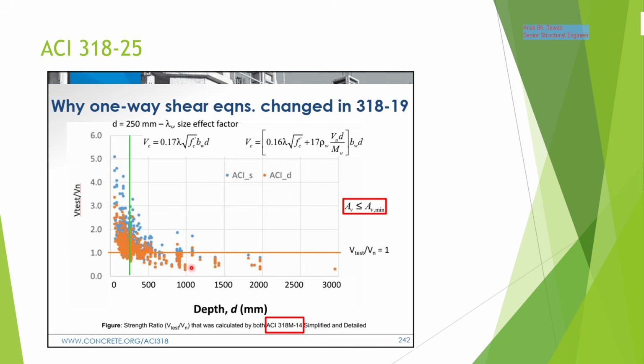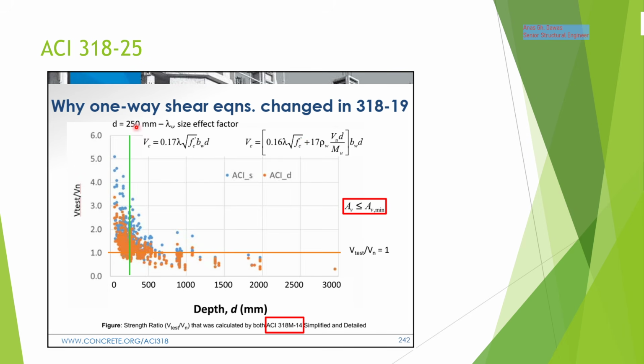As you can see, both of them failed, or I will say most of the samples calculated using this equation failed also on a shear less than the expected, or less than the calculated shear using this equation. So still we have an issue.